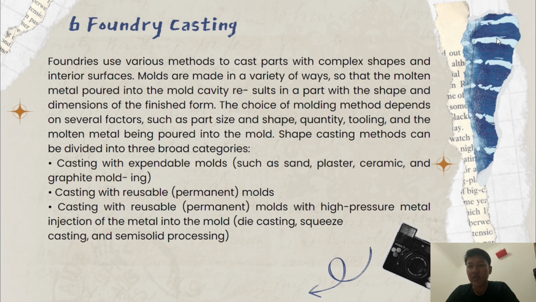The cost of molding depends on several factors such as part size and shape, quantity, tooling, and the molten metal being poured into the mold. The casting method can be divided into 3 broad categories. 1. Casting with expendable mold. 2. Casting with reusable shape. 3. Casting with reusable or permanent mold.